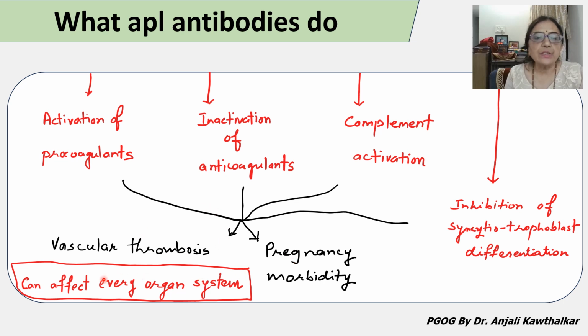And because of these actions, they can affect every organ system, because it is ultimately leading to the formation of thrombus in the vessels. Whichever vessel gets affected, accordingly that organ can get affected. So every organ in the body is at potential risk. These antiphospholipid antibodies have the potential to affect every organ system in our body.